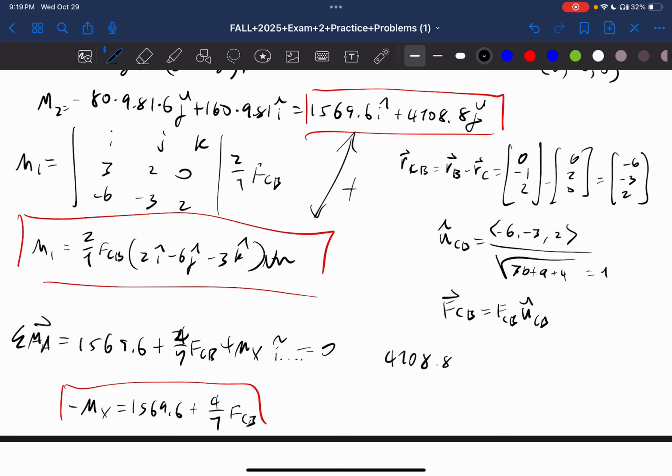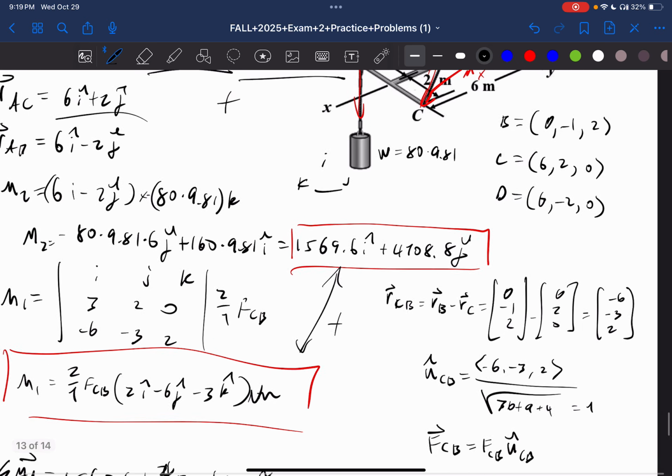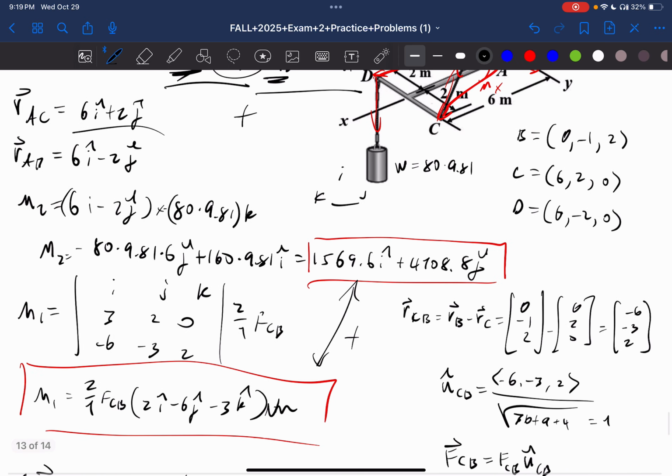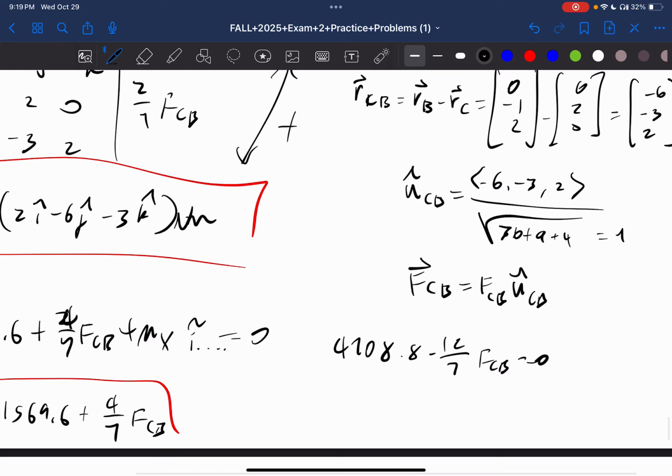4708.8. J component. Here, in the J component, we're going to have minus 6 times 2, which is going to be 12 over 7 FCB. Is there any J component up here? There's not. So this is equal to 0. So we're going to have 12 over 7 FCB is equal to 4708.8.